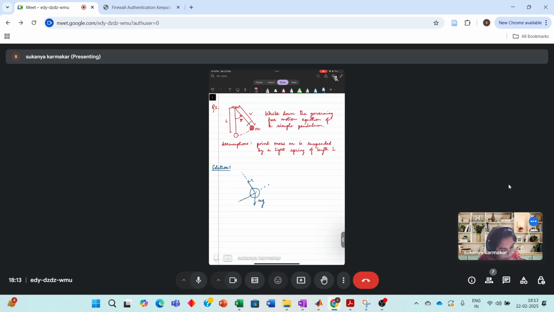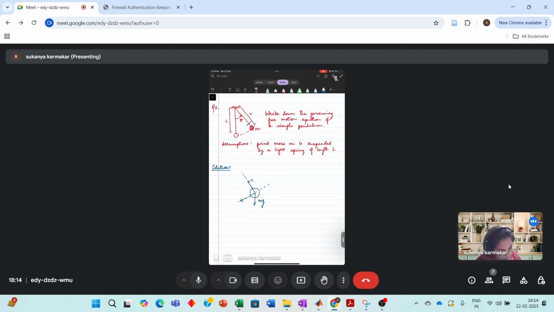And in this tangential direction, here let's use D'Alembert's principle, where you have to apply an inertial force opposite to the direction of the unbalanced force. So this body is accelerating in this direction, so I apply inertial force in this direction.